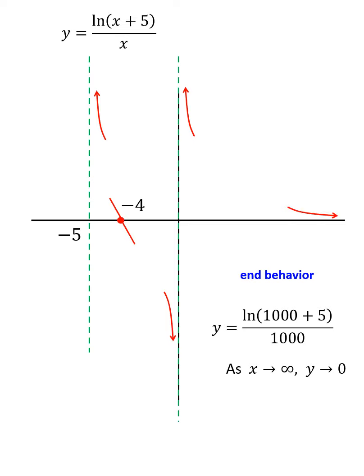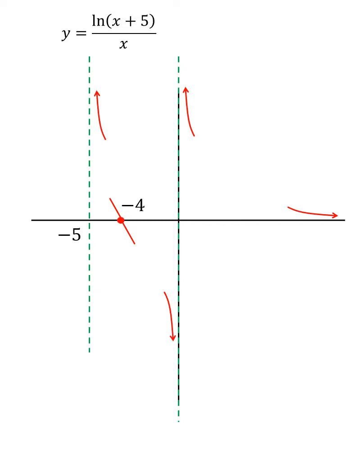And that's graphically represented by the graph approaching the x-axis here. Again, because of the slow growth of the natural logarithm, the bigger x gets, the bigger the denominator gets relative to the numerator, and hence the smaller this fraction becomes as we go further and further to the right.